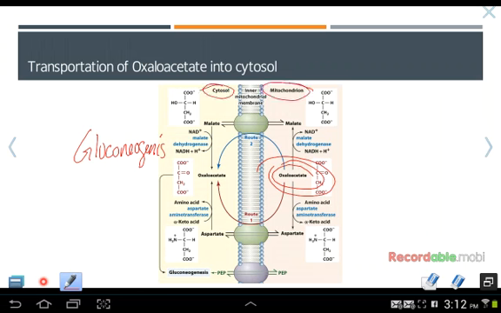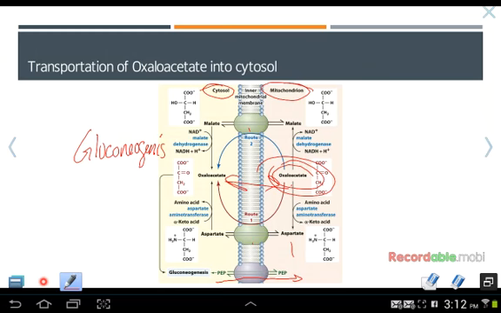So in order to cross the mitochondrial membrane, PEP must first be transported into the mitochondria, and then it can be transformed into oxaloacetate. However, oxaloacetate cannot freely be transported across the membrane, and there's no protein that can help transport oxaloacetate.